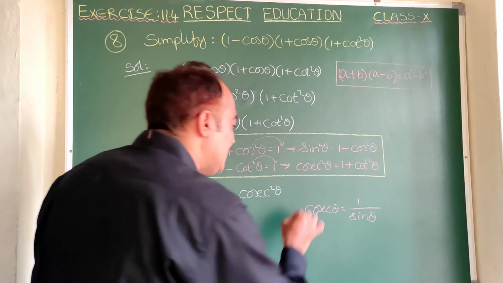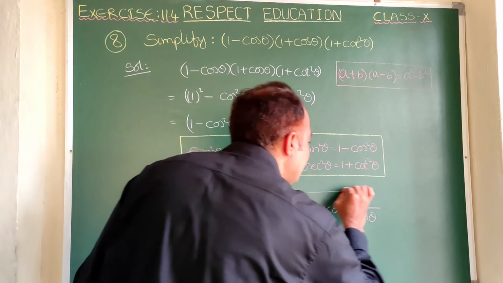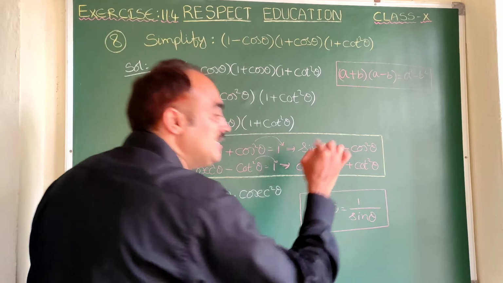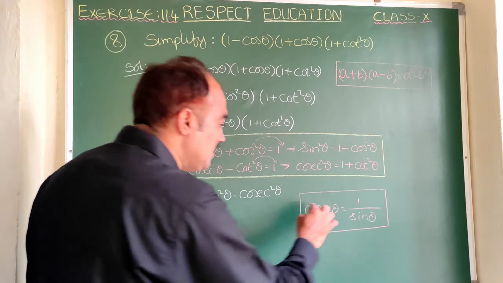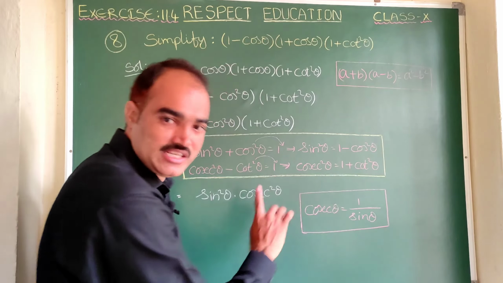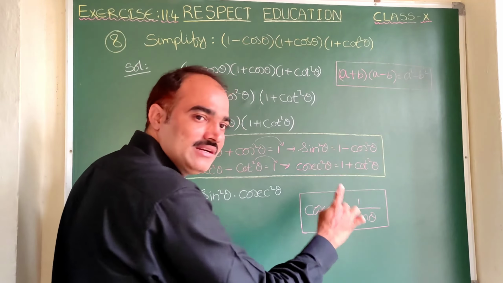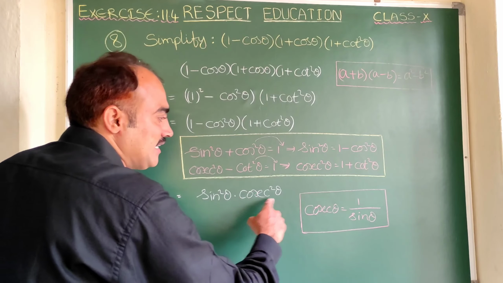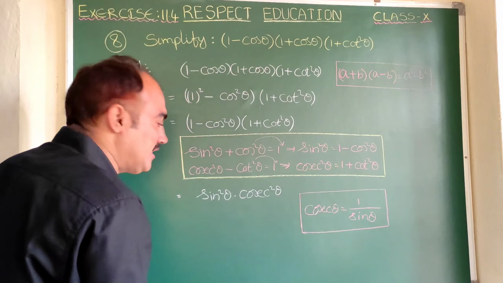Based on this formula, squaring on both the sides, cosecant square theta can be written as 1 by sin square theta, since 1 square is 1 and sin theta whole square is sin square theta.